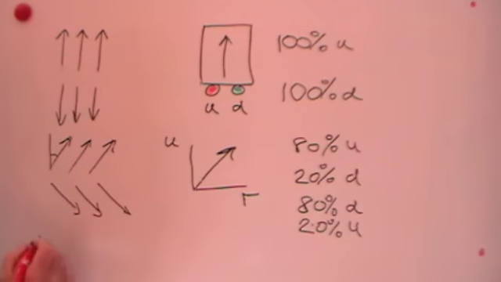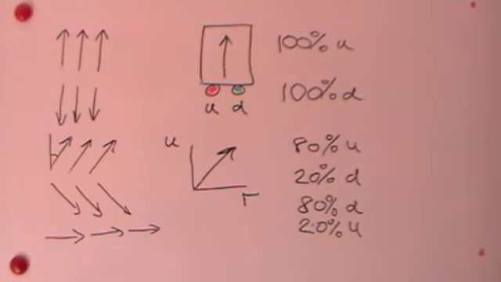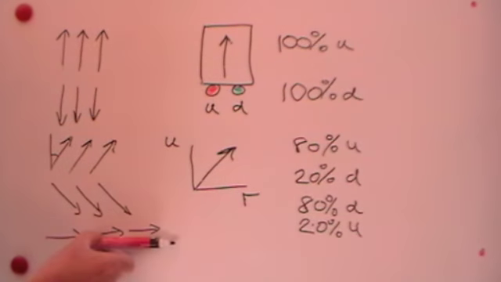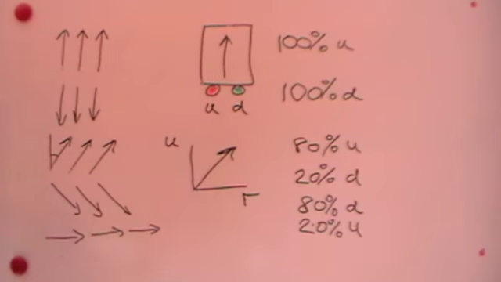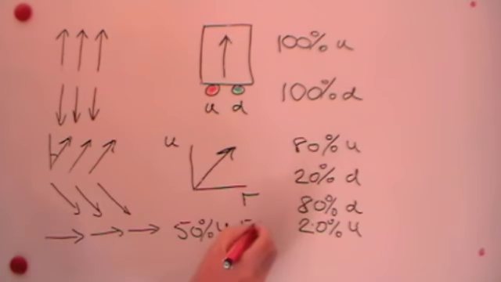And if you prepare them such that their spin is entirely along the x-axis, so there is no up and there is no down coordinate at all, you might expect that when you put these electrons through a measuring device in the z direction, neither the up nor the down light would come on. But in fact what you find is when you put these electrons one at a time through this piece of equipment, 50% of them will give you an up and 50% of them will give you a down.